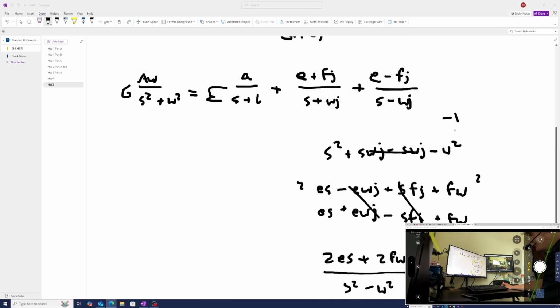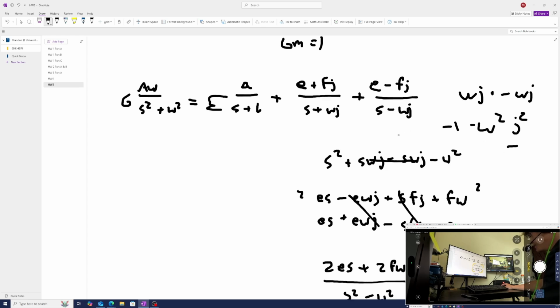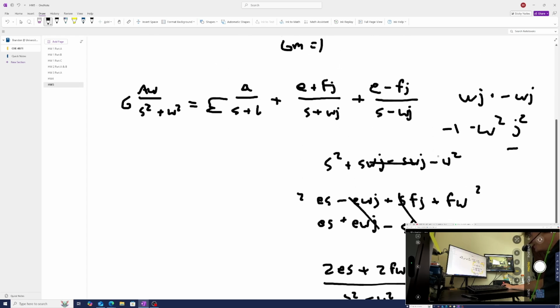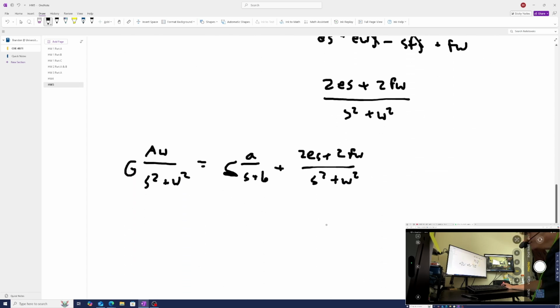Because on the bottom we had Wj multiplied by negative Wj, we'd end up with negative W squared times j squared. So that would also give us another negative, meaning this would end up actually being a positive. So plus, plus, plus. Now we can move on.